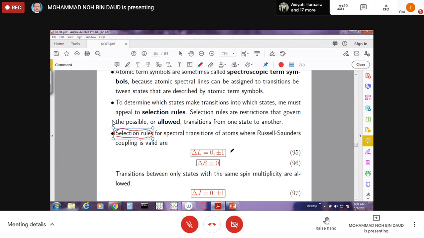So we can use this for the light atoms: delta L, the difference of total angular momentum, the difference of total spin, must obey 0, plus or minus 1, 0. And J also, the total here, 0, plus or minus 1.